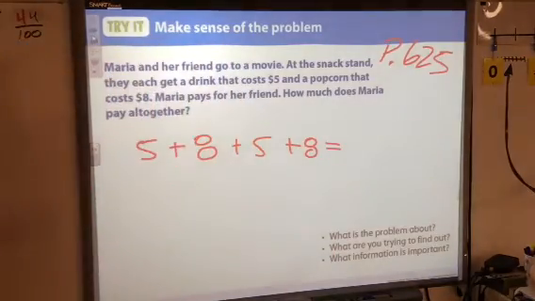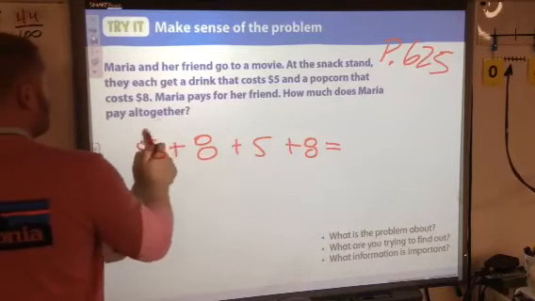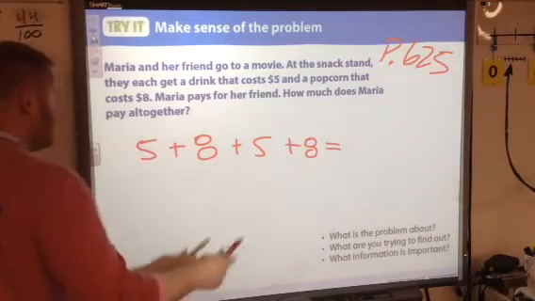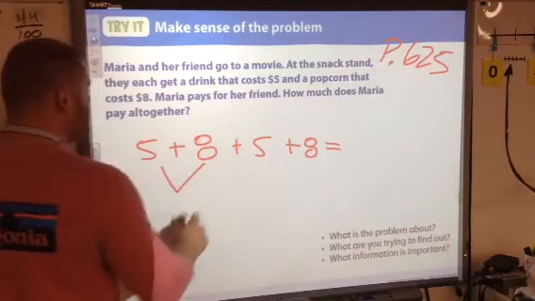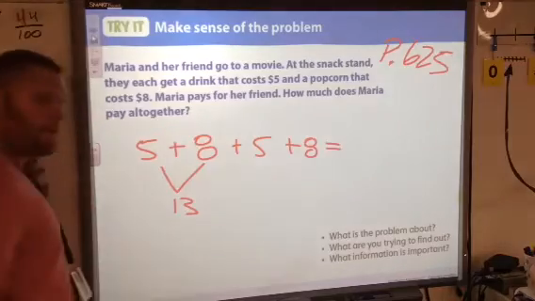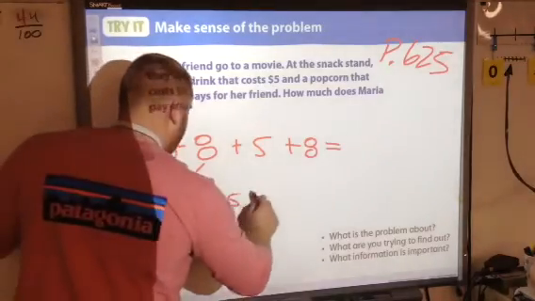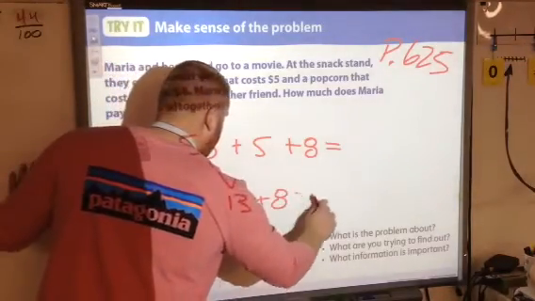What's the only operation we have in here? Only addition, right? And we can perform this left to right. This is the total cost for Maria, this is the total cost for her friend. So 5 plus 8, I only do one step at a time. I end up with 13 plus 5 plus 8.